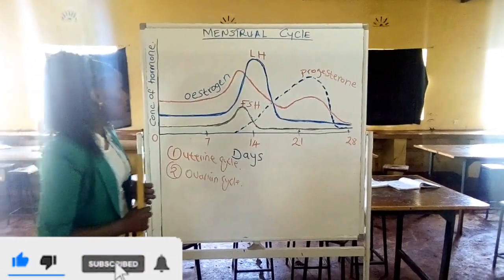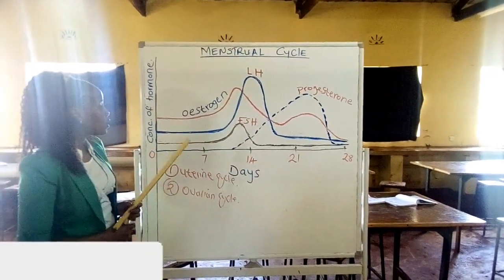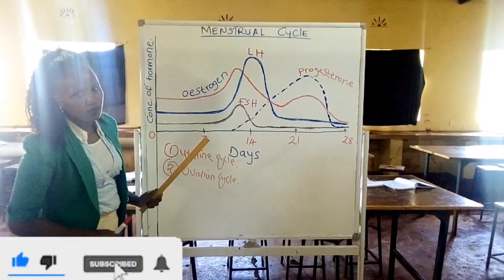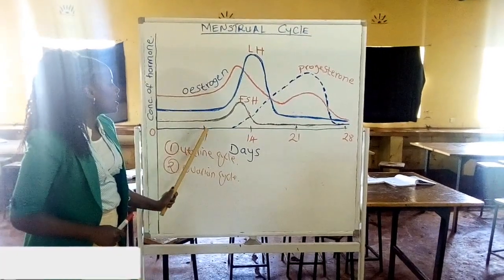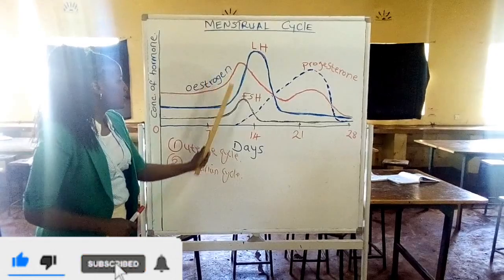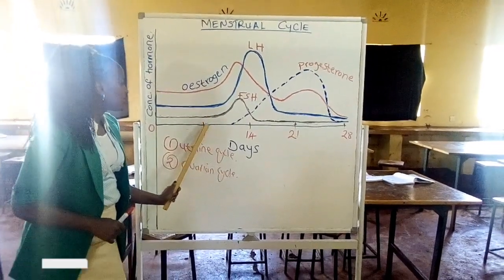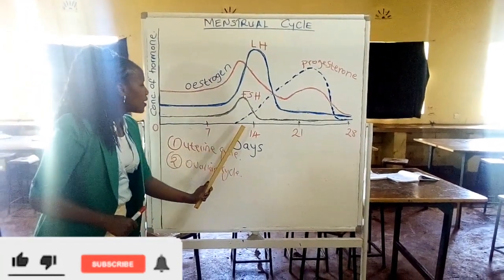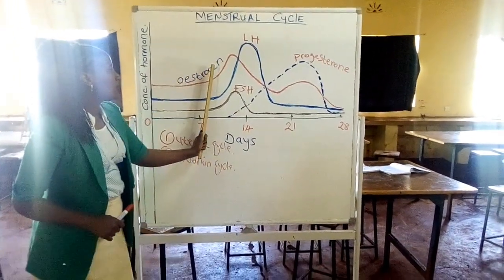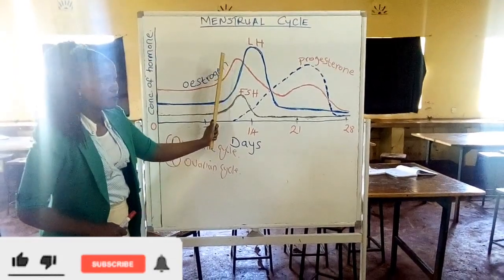As the egg continues maturing, it will trigger the increase in the production of estrogen. If you look at this diagram, you realize towards day 14, the concentration of estrogen hormone is increasing.